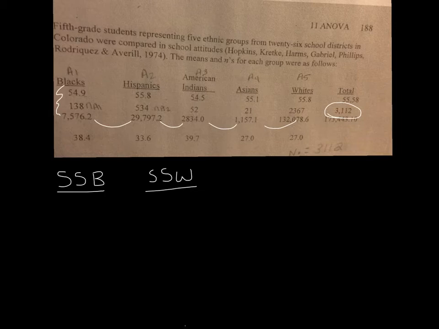So the population mean, the total mean, I guess we don't need the little bar above there, is this value here, the 55.58. That's what they're giving to us. So when we're finding the sum of squares between, what we want to do is compare the means of each of these columns to the population mean.